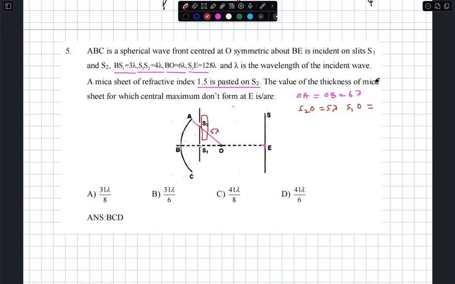That is given actually. S1S2 is 4 lambda, so S1O will be 3 lambda. Right. And one more important point, this is 128 lambda. Now, please try to understand.